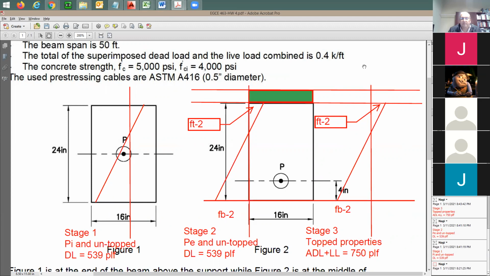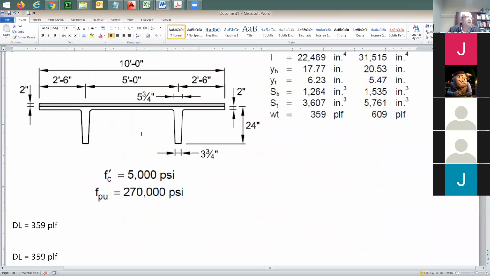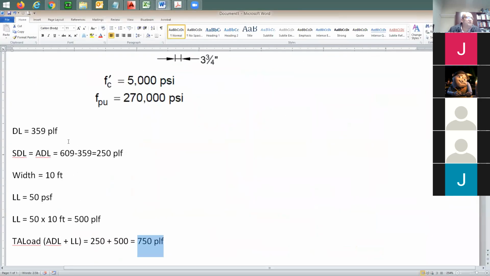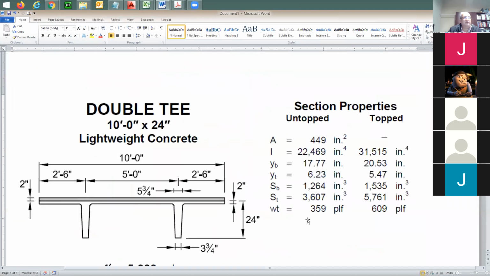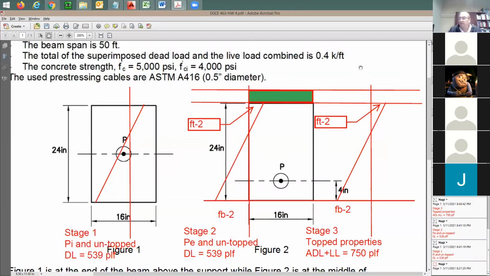Professor, the dead load for first stage is 359, right? Yeah. It's right here. Okay. Okay. Thanks. 359 is right here. From here. Okay. Right. You wrote 539. What?